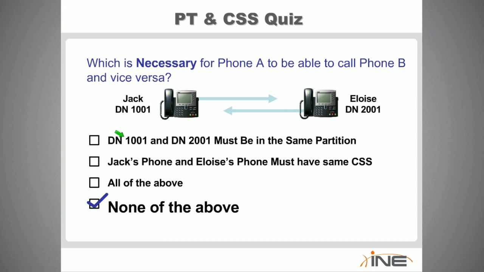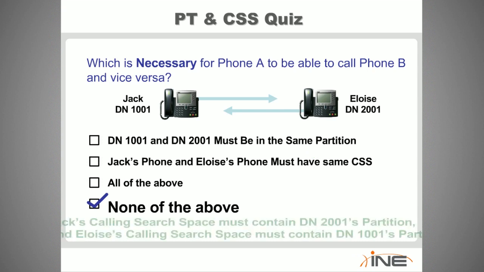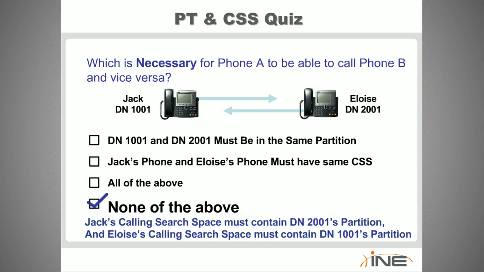It is D, none of the above. Just because 2 DNs are in the same partition means absolutely nothing. If 2 phones have the same calling search space, it means absolutely nothing. If all of that's true, it means absolutely nothing.